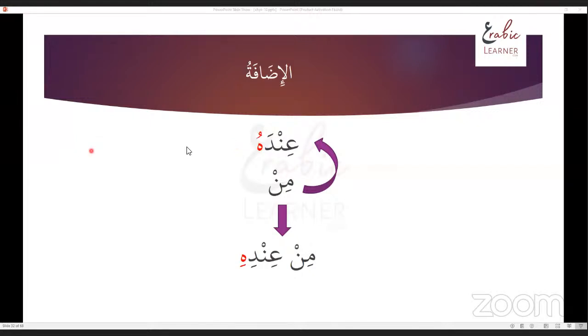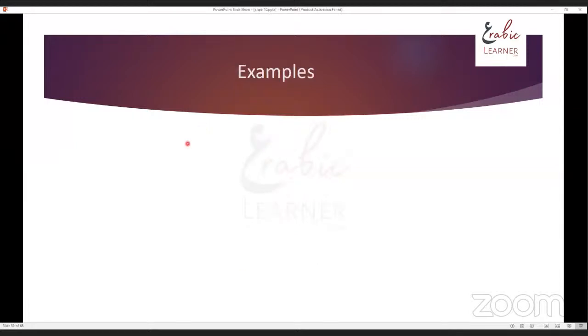I'm taking those things in these slides which are covered in the textbook lesson number 10. Now I will take a few examples related to inda and li that were explained to you last week. If I want to ask a question, do you have a pen?